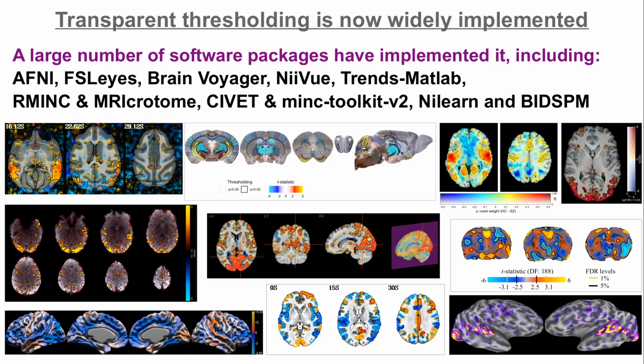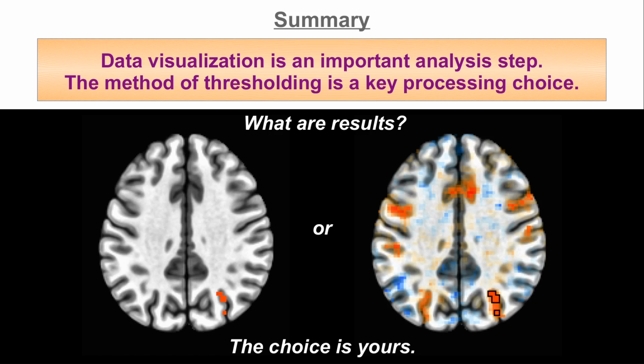So some of these packages have had transparent thresholding for a very long time, and many of these have added it, though, very recently, or updated it and streamlined it. So you should be able to find transparent thresholding for your type of study, and whatever software you're comfortable using. It's actually pretty easy to find, and so you should be able to implement it.